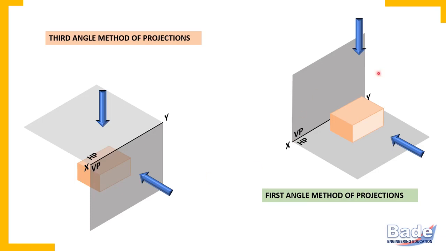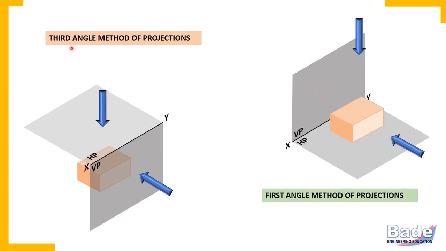In the first angle method of projection, the object is always in between the observer and the reference plane. Listen to me very carefully. In the first angle method of projection, the object is always in between the observer and the reference plane.